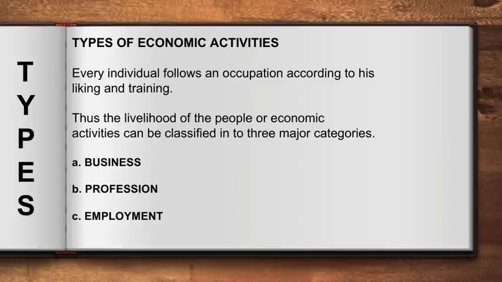Thus, the livelihood of people or economic activities can be classified into three major categories. So, here they are telling us that economic activities can be classified into three categories. The first one is business, then profession, and finally employment. So, we're going to learn about these three a little more in detail.